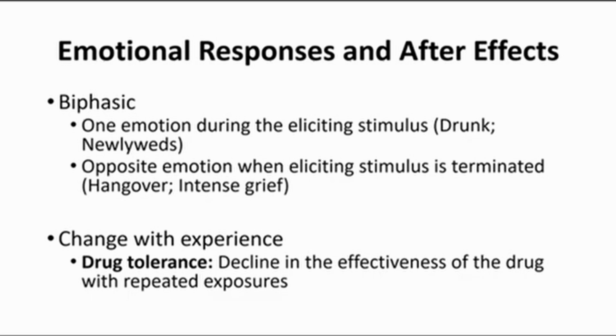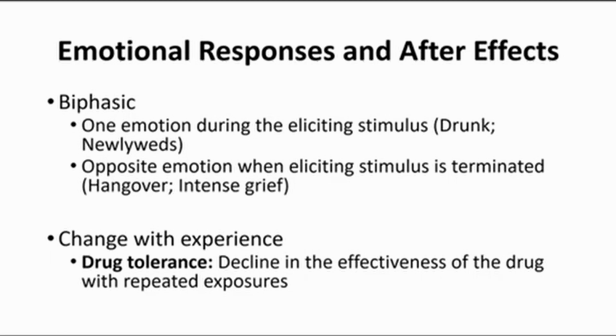The first is that some of these situations tend to be what's called biphasic, meaning there are two opposite phases. A particular emotion occurs during the eliciting stimulus, and then the opposite emotion is observed when the stimulus is terminated.